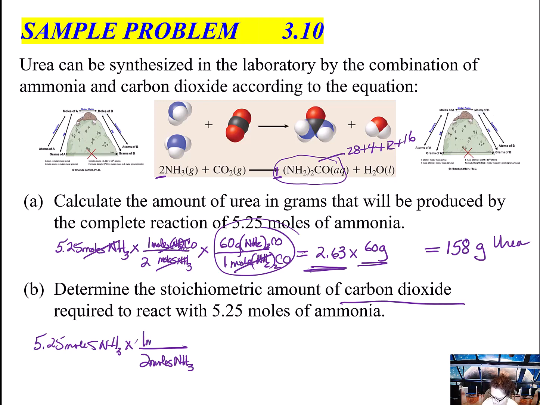Well, there's 1 mole of carbon dioxide for every 2 moles of ammonia. All right, and so then it wants to know what is the amount of CO2. And so again, that it's 2.63 moles of CO2, right? But this time, a mole of CO2 is 44 grams. And so that's going to tell me that I need 116 grams of CO2.